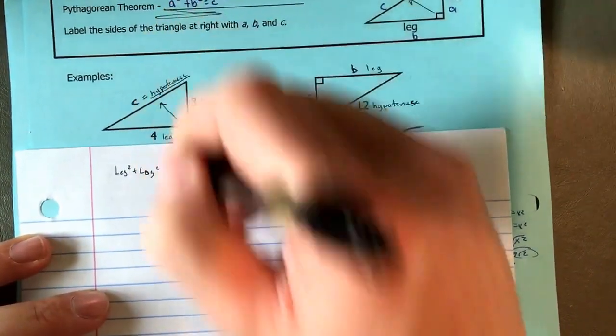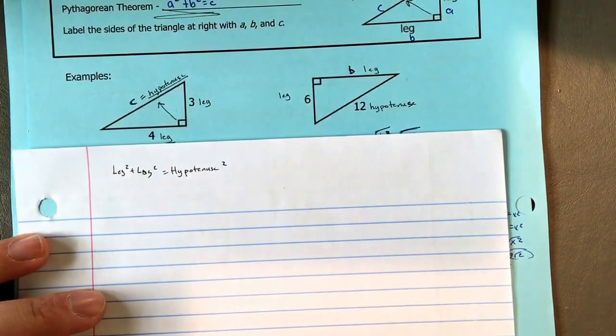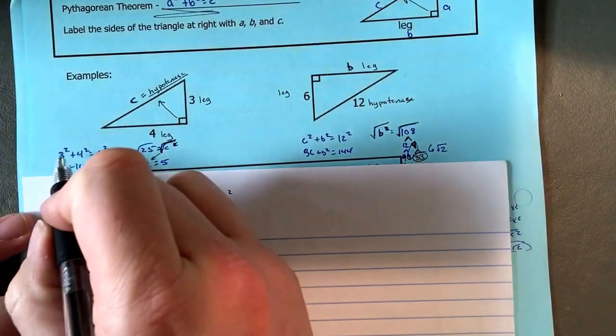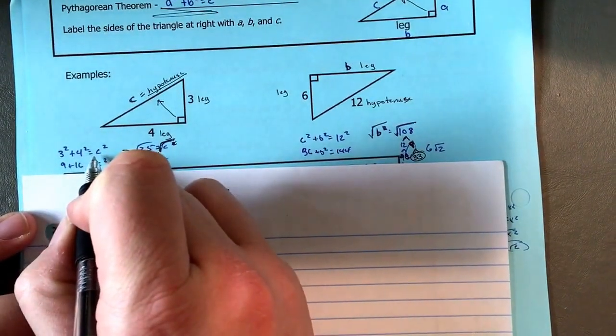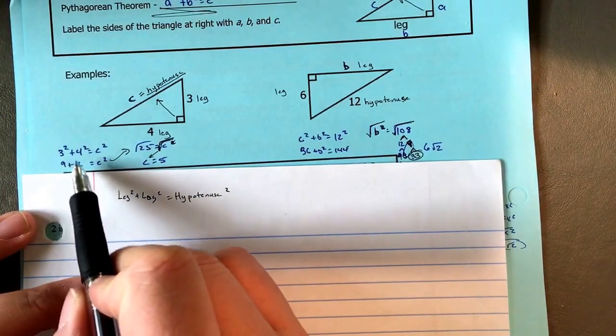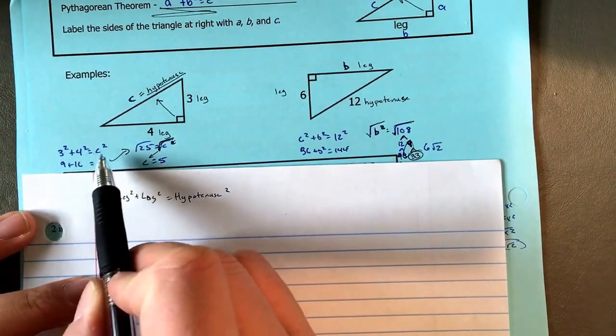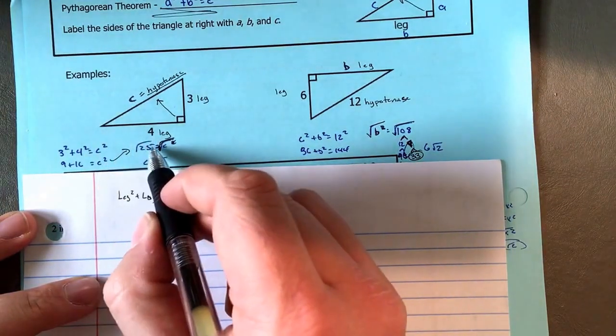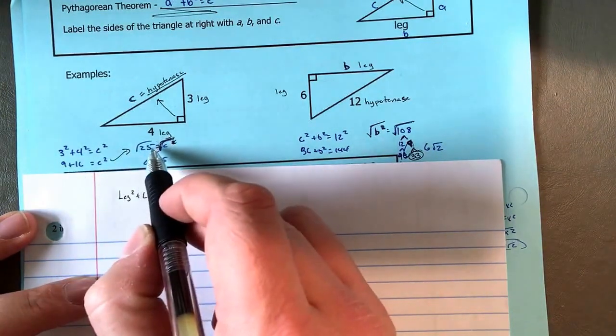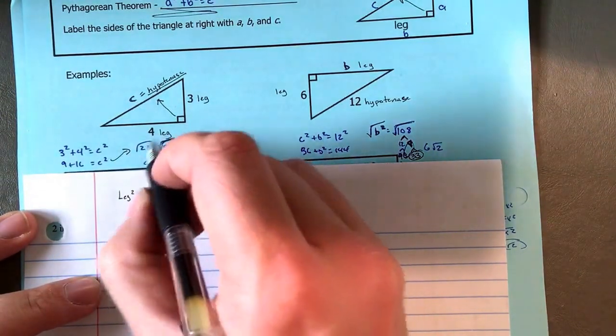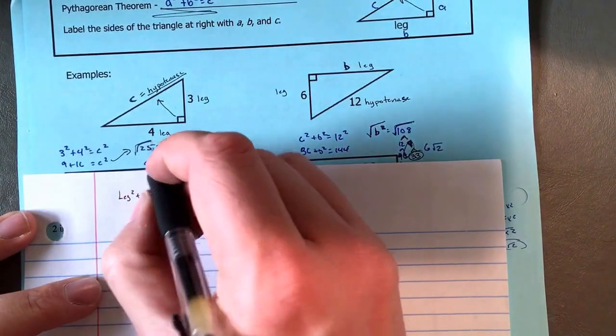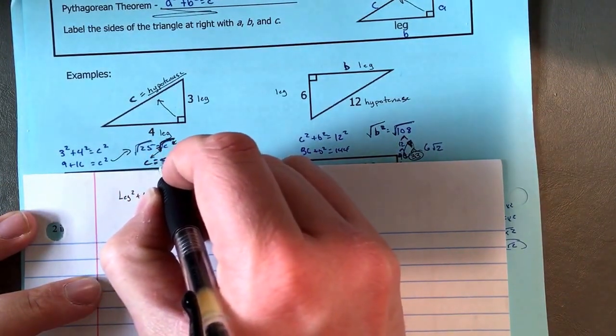Remember, the hypotenuse is always across from the right angle. So if we go down here, we take 3 squared plus 4 squared equals c squared. 3 squared is 9, 4 squared is 16. If we continue over here, 9 plus 16 equals 25, and that equals c squared. We take the square root of both sides, and c is going to equal 5.